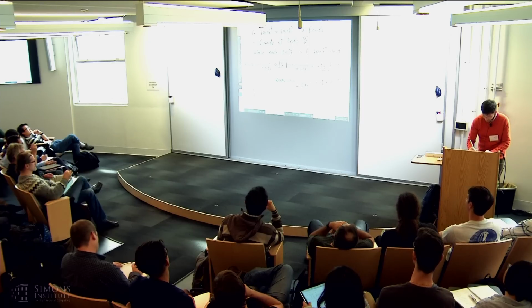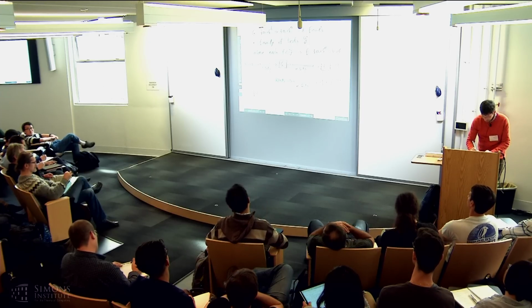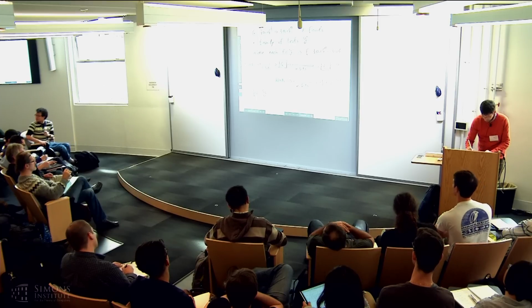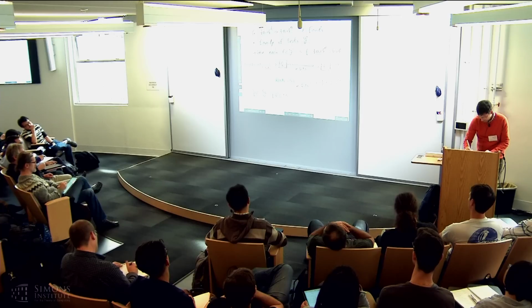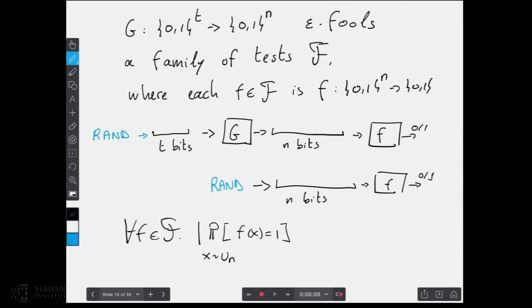So the requirement is that for every function in the family, the probability that f is 1 when given an x sampled from the uniform distribution over n bits is the same as the probability that f is 1 when evaluated on a random output of the generator, plus or minus epsilon.